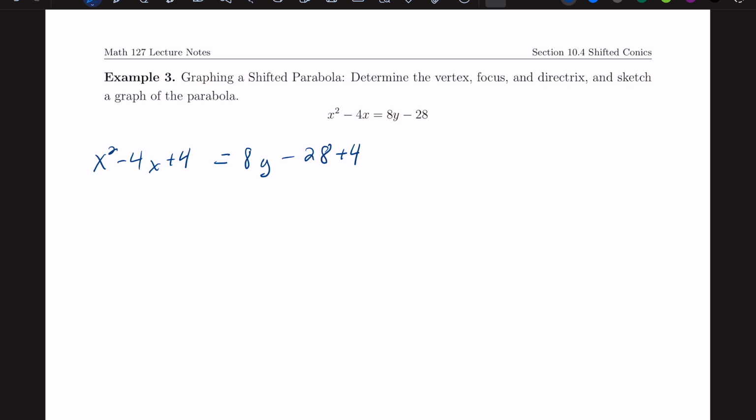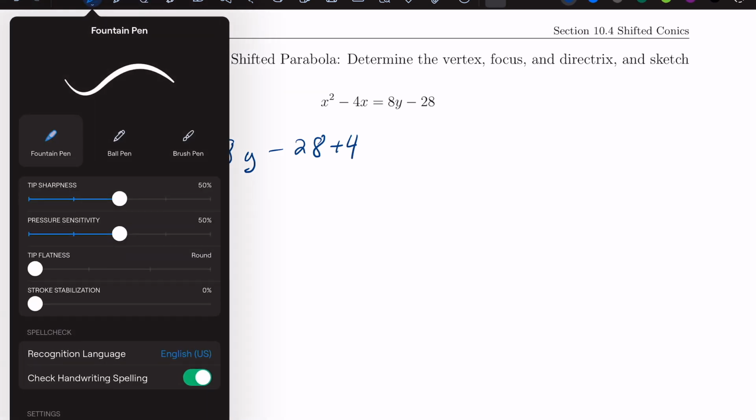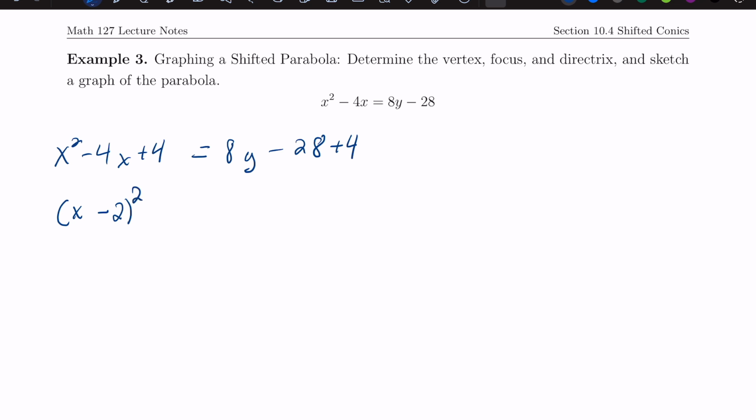Once you complete the square, what do we have here on this side? We have x squared minus 2, so I like it, x minus 2, thank you, squared. So here we completed the square. Basically, it's whatever here divided by 2 was, right? Is equal to 8y minus 24.